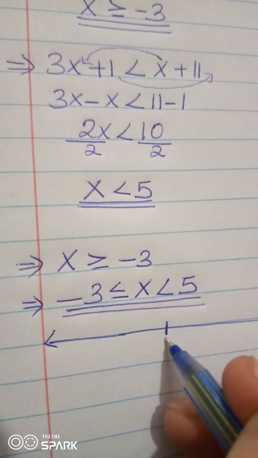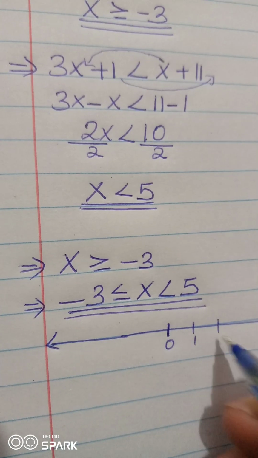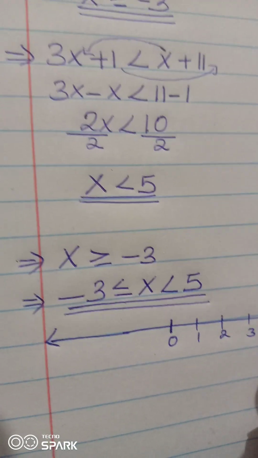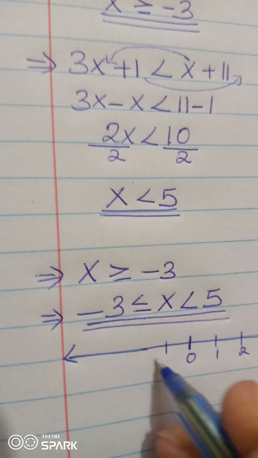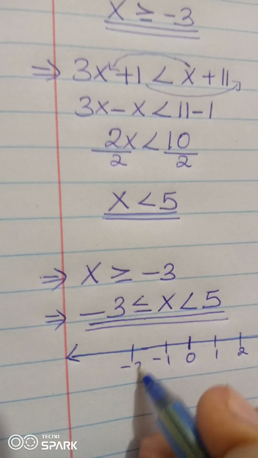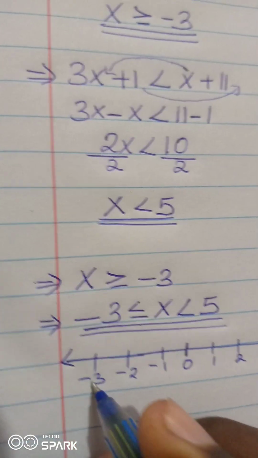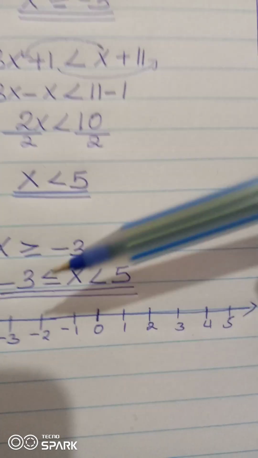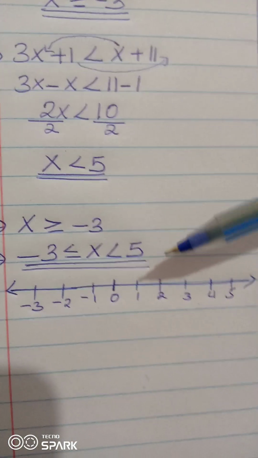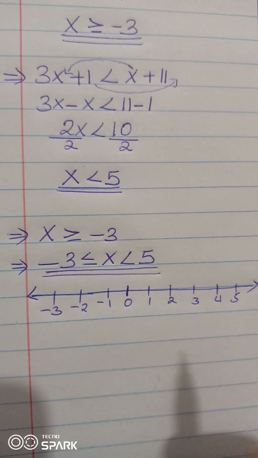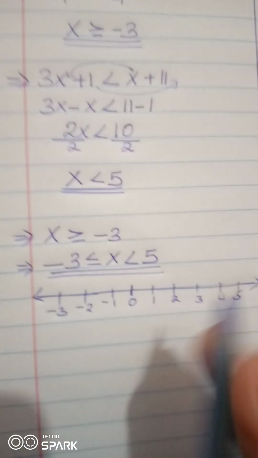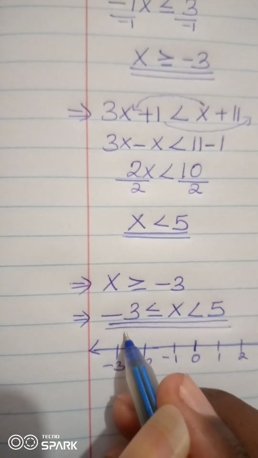We have 0, 1, 2, 3, 4, 5. We have negative 1, negative 2, negative 3. We want to represent this compound statement on a number line, and you'll come to where negative 3 is. Draw a circle.